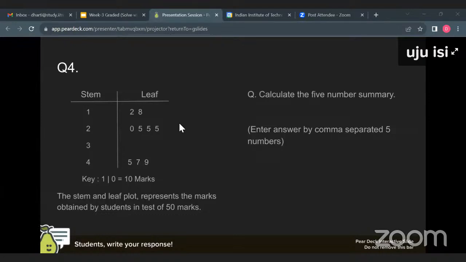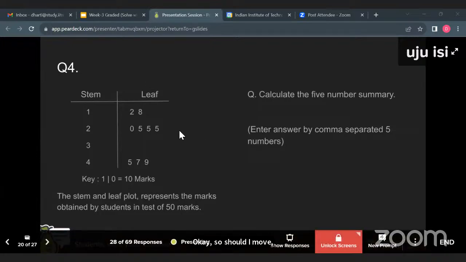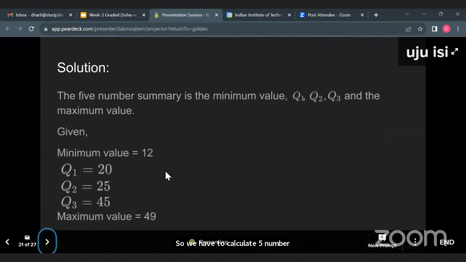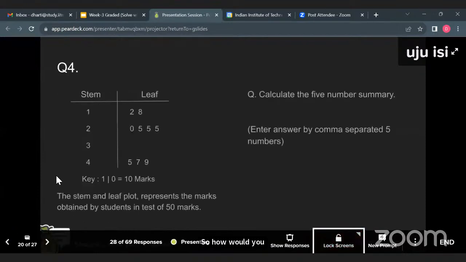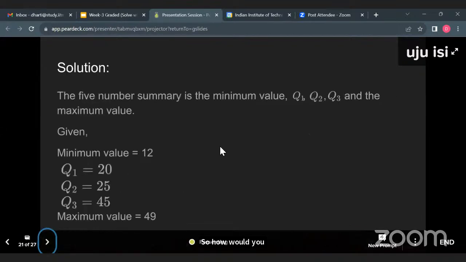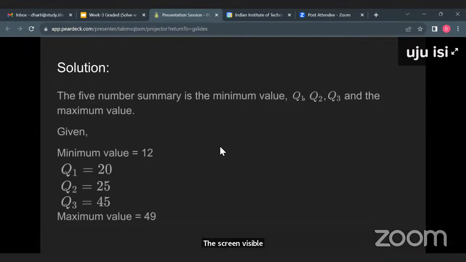Okay, should we move to the solution? So we have to calculate the 5 number summary, right? Is the screen visible to everyone? Yes, ma'am.